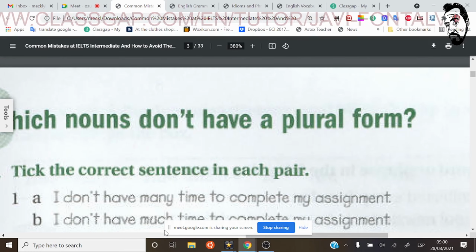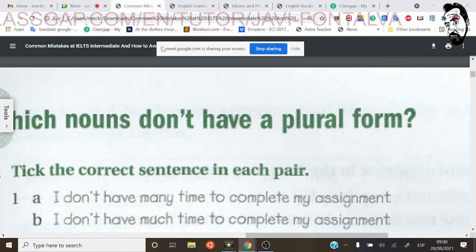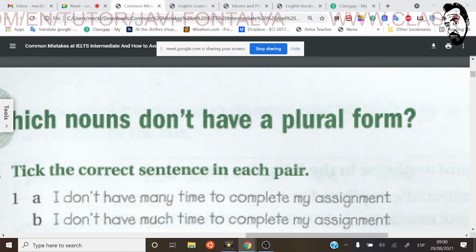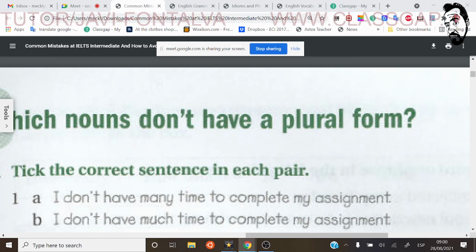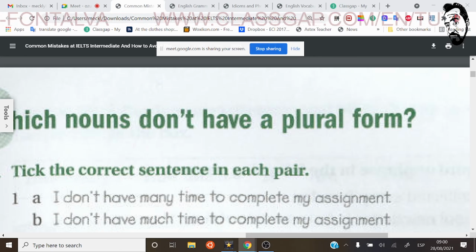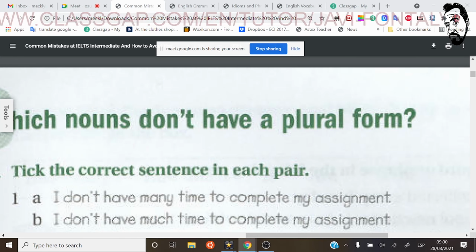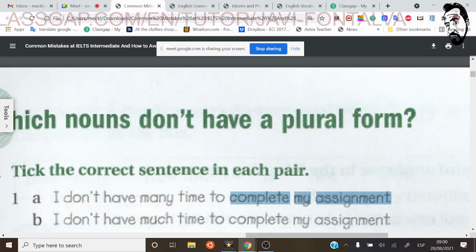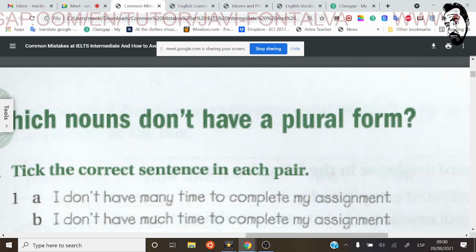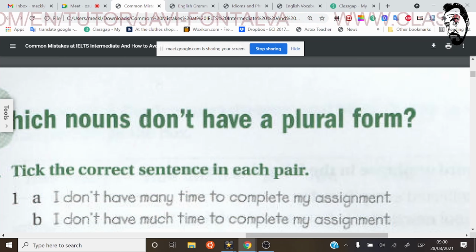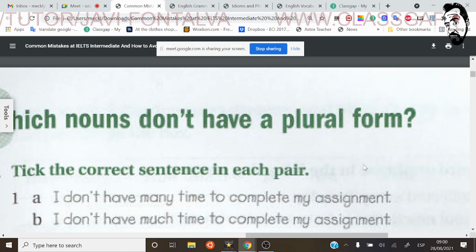Okay, recording. So here I have these two sentences, A and B. Which one do you think is correct? A or B? Can you see this? Yeah. So here we have sentence A. Many. How much?